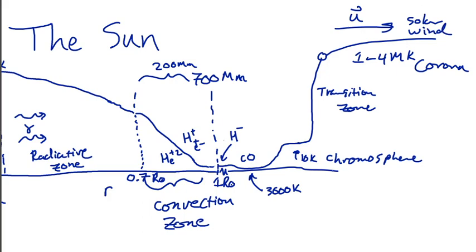This transition from atmosphere to chromosphere to corona happens within a few megameters, or less than about a percent of a solar radius, or a few percent of a solar radius.